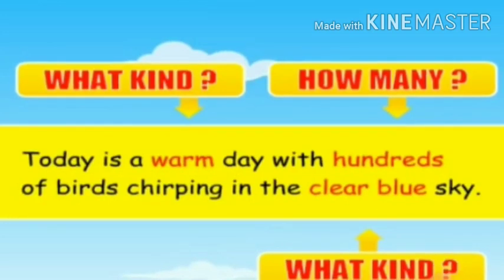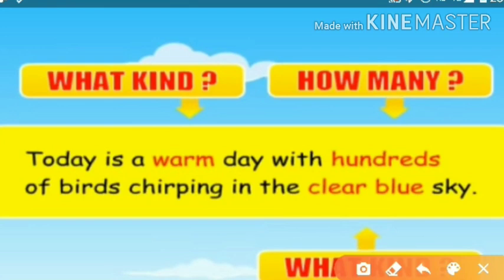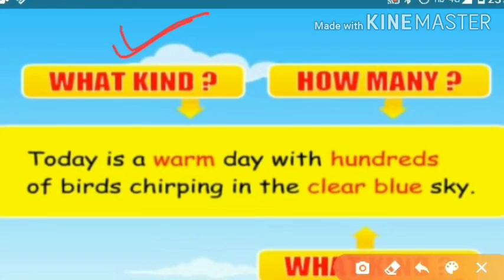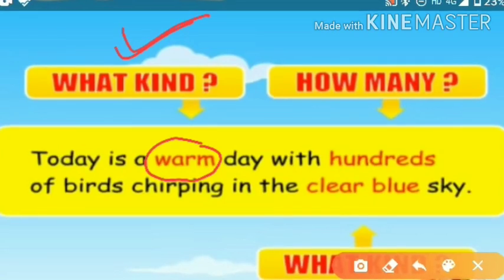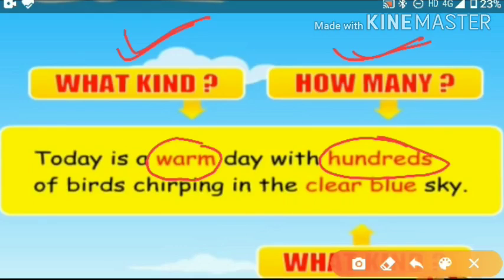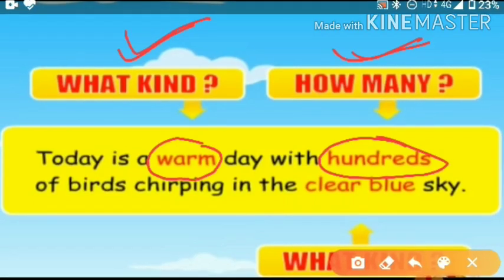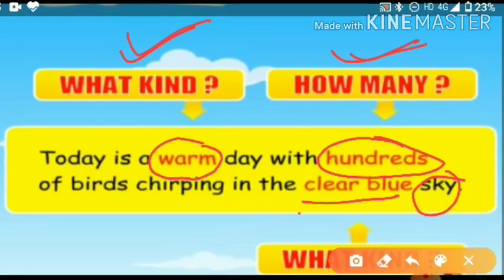So here we get, today is a warm day. What kind of day? Warm day. With hundreds of birds. How many birds? Hundreds of birds. Chirping in the clear blue sky. What kind of sky? Clear blue sky.